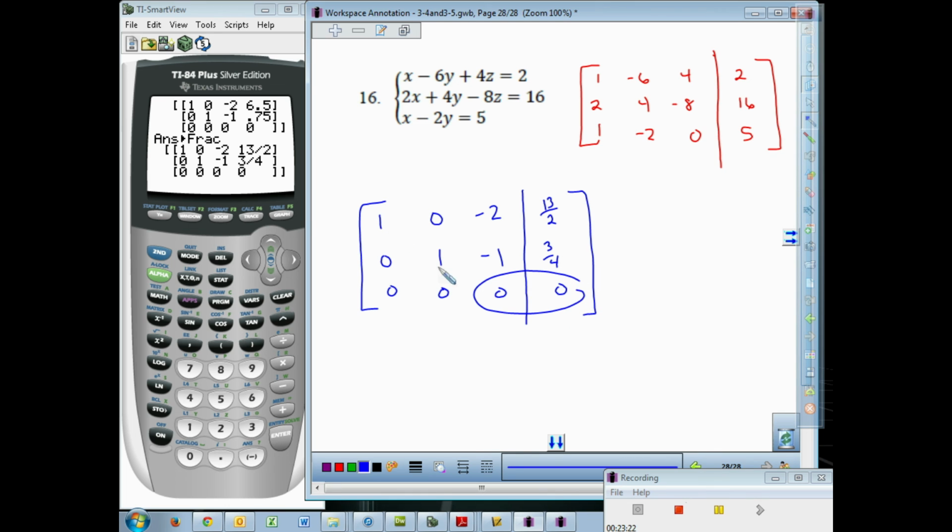Because we don't have ones going diagonal, we have to look at these two rows, which is 0 equals 0, which is infinite solutions in the form of... This one right here, off to the right, the 0 equals 0 part, what does that say variable-wise? Z equals z. The one right above it, this will say y equals, don't we have to add this one z over to the other side? And that's the trickier part about it.